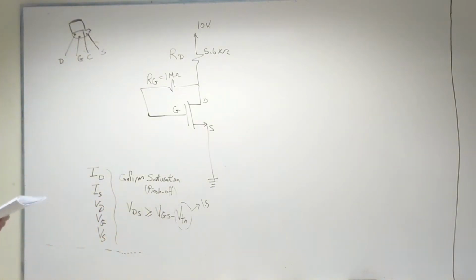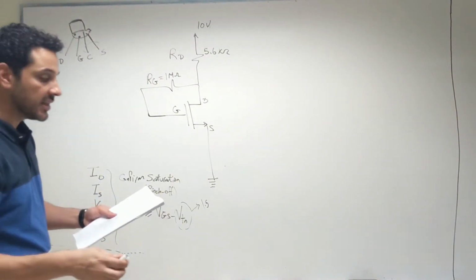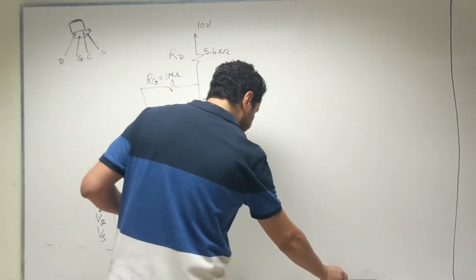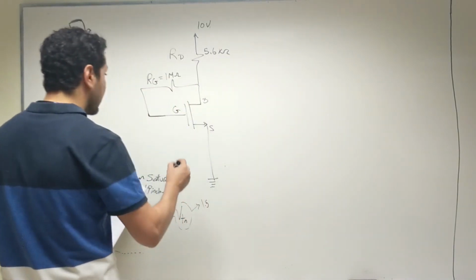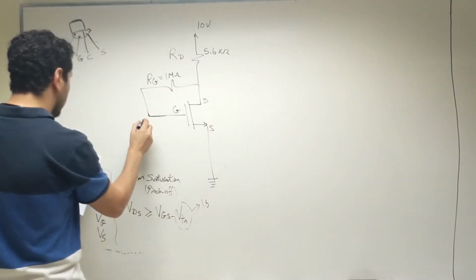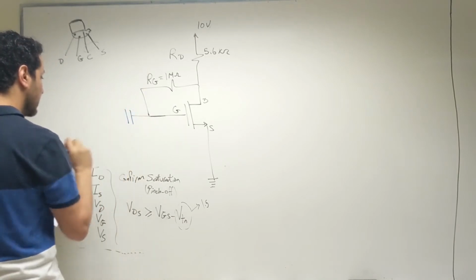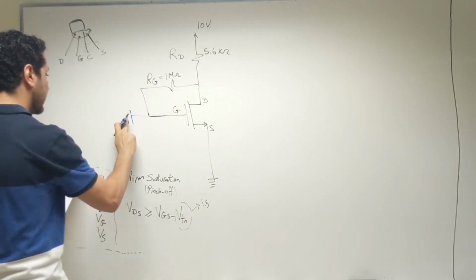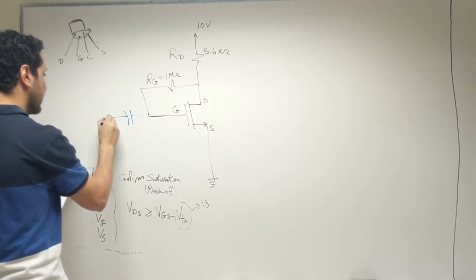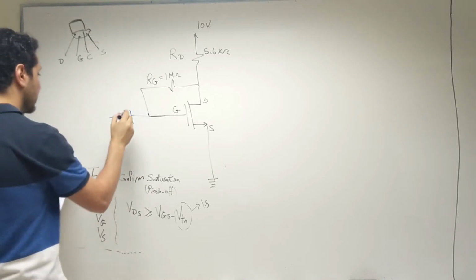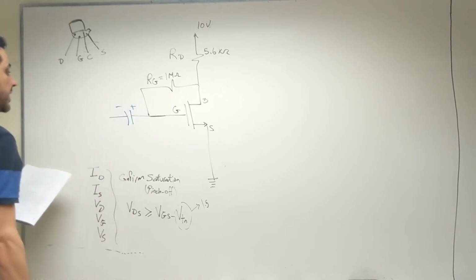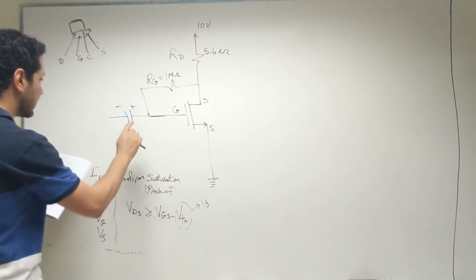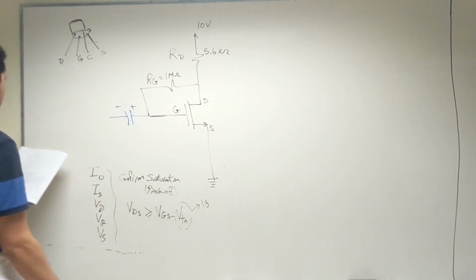The next step is to connect the rest of the circuit, which will be a capacitor. And the capacitor, again, is an electrolytic capacitor, so you need to be careful of the direction. The positive should be connected in this direction and the negative in this direction.